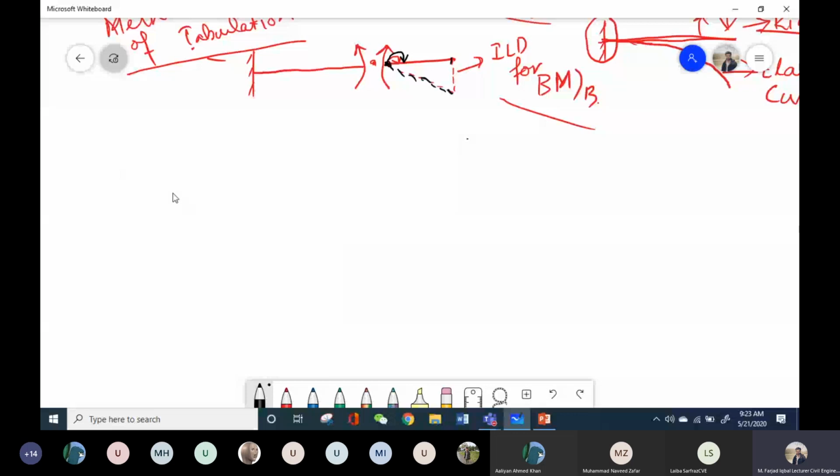So let's say we have this beam. This beam, actually it's a straight, let me do it again.